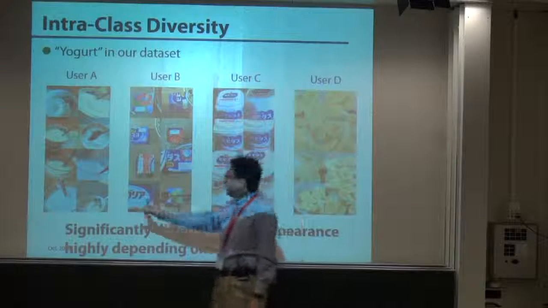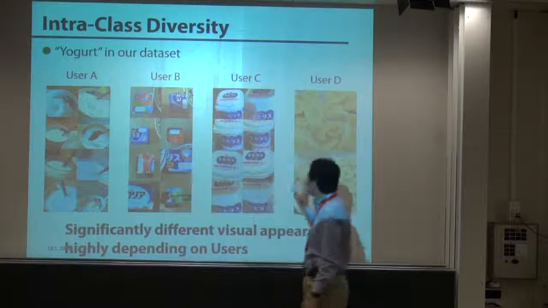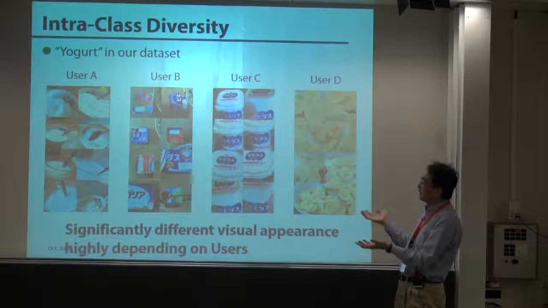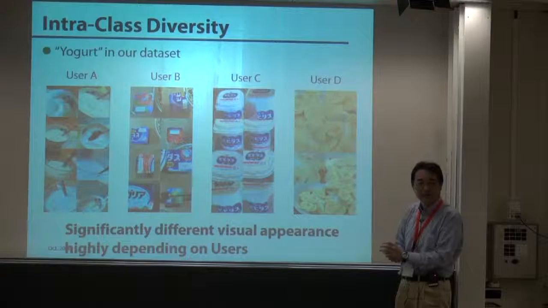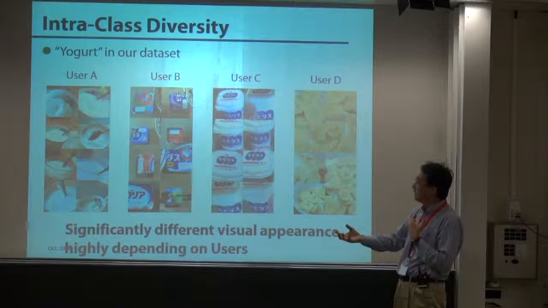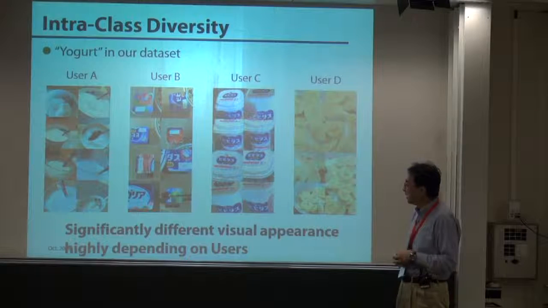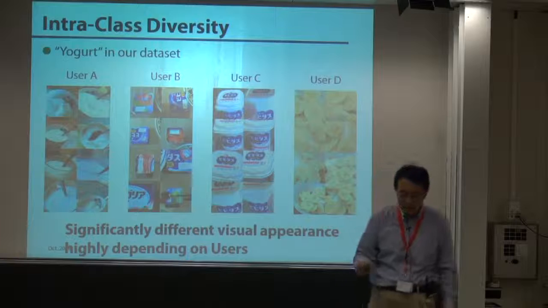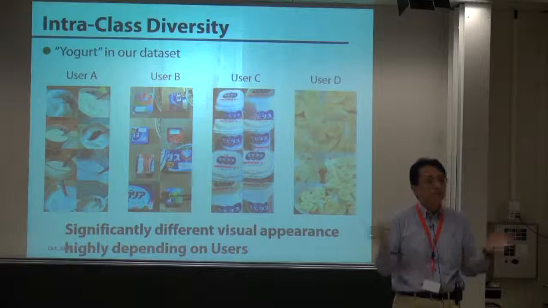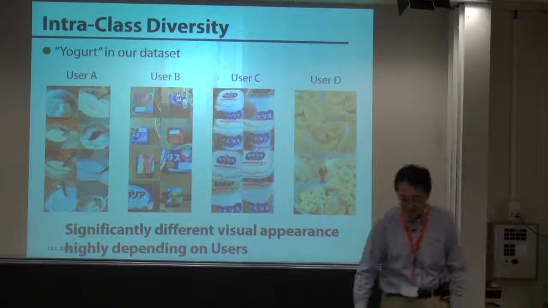This user tended to take a picture like this, and this user like this, so the customs are very different. Although it's a yogurt, the visual appearance is significantly different depending on users. We try to recognize yogurt as yogurt, but within the class, it has very high diversity.